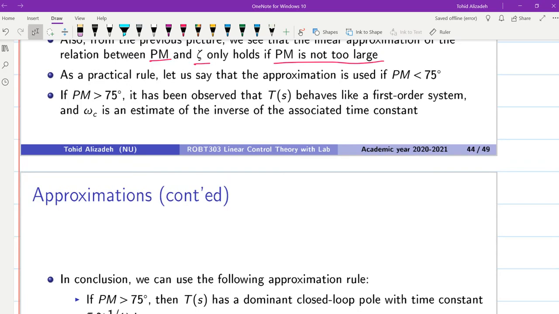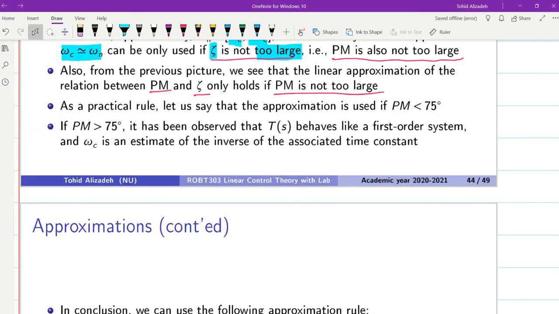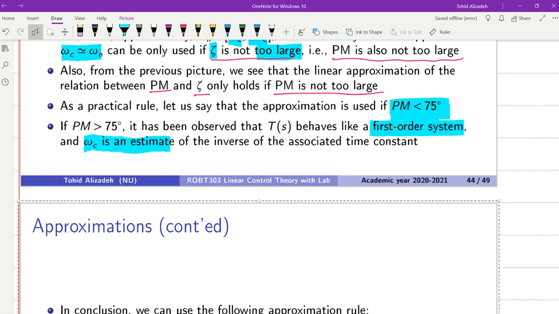Okay, now again, as a practical rule, we will use the approximation when the phase margin is smaller than 75 degrees. If phase margin is bigger than 75 degrees, then we will say that the closed loop system is behaving like a first order system, not like a second order system. And for that first order system, the omega c will be an estimate of the inverse of the associated time constant.